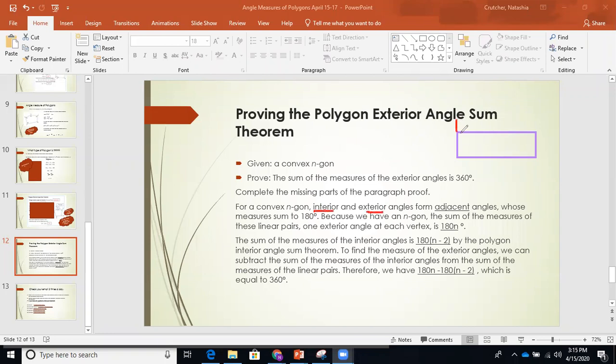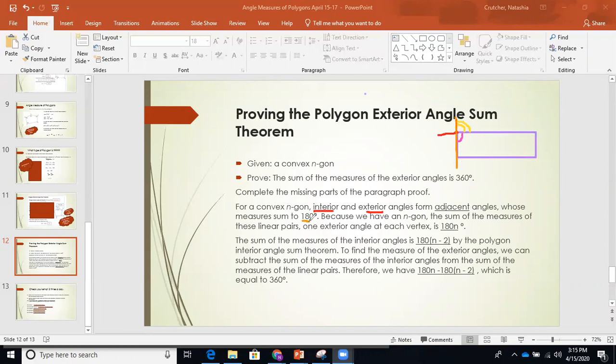If I were to extend my sides, the interior and the exterior angles would be considered adjacent angles, because they're right next to each other. Their measures sum to 180 degrees. So my pink angle plus my yellow angle equals 180 degrees. They form a straight line.